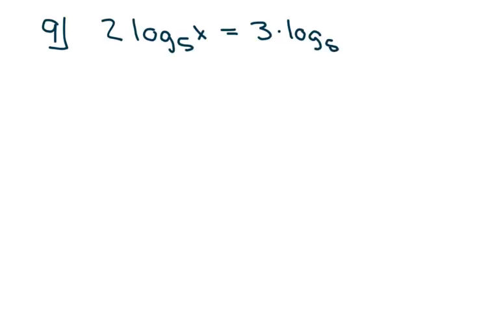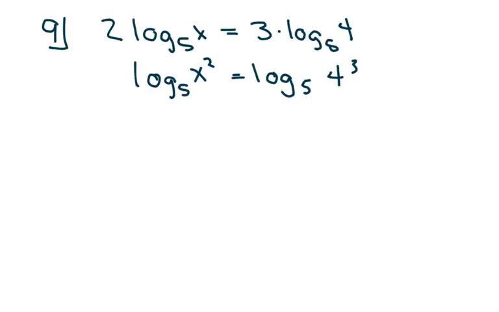Okay, 9, the same type of problem. 9 is 2 times log base 5 of x equals 3 times log base 5 of 4. Use your power property and we get log base 5 of x squared equals log base 5 of 4 cubed.